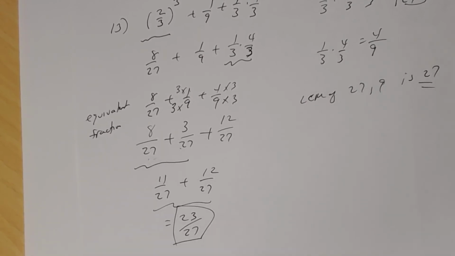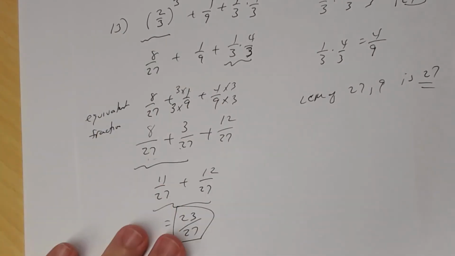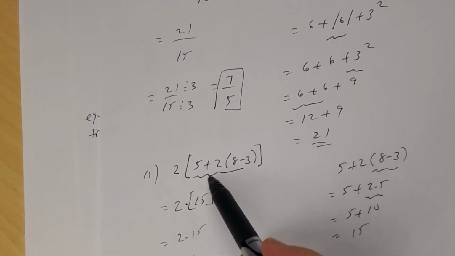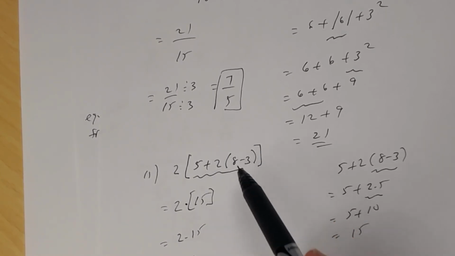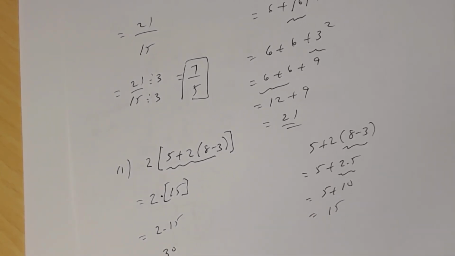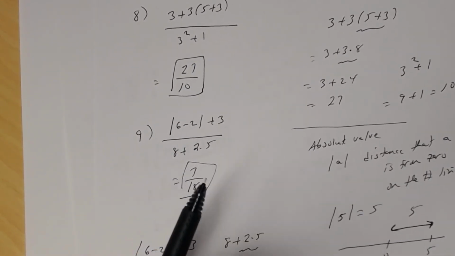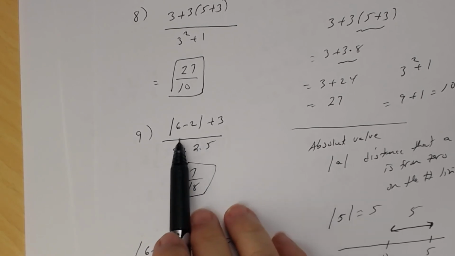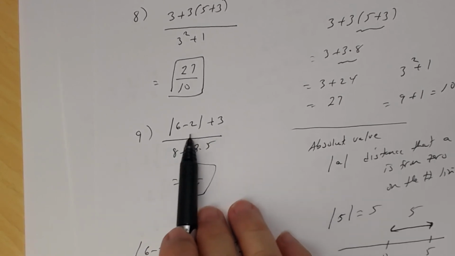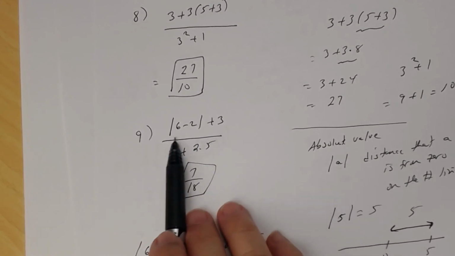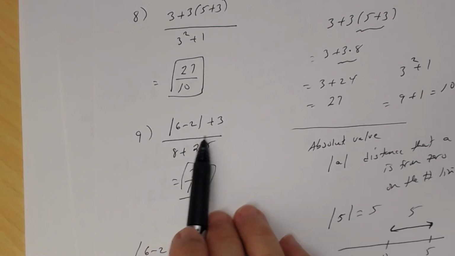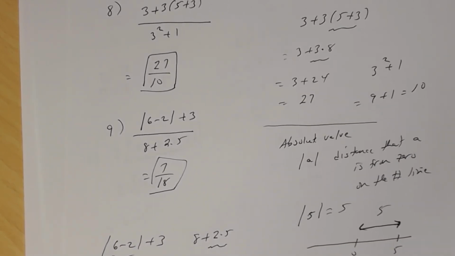Okay? All right. So basically what we did here, notice we used order of operations. We had fractions. We had grouping symbols within grouping symbols. We had absolute value to deal with. We looked at the absolute value, the division bar, the fraction bar, acting as a grouping symbol.